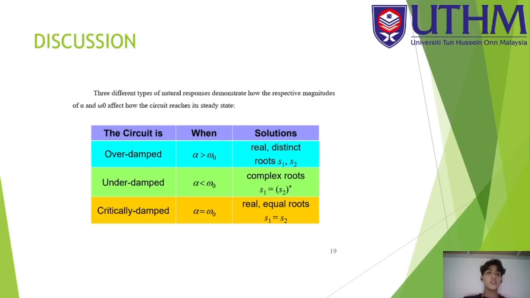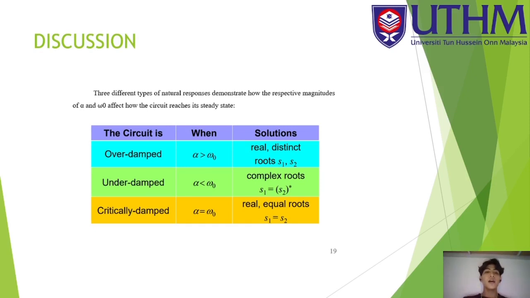I want to explain about the discussion. The three different types of natural response demonstrate how the respective magnitudes of alpha and omega zero affect how the circuit reaches its steady state. First, overdamped: when alpha is bigger than omega zero, the solution is real distinct roots S1 and S2.